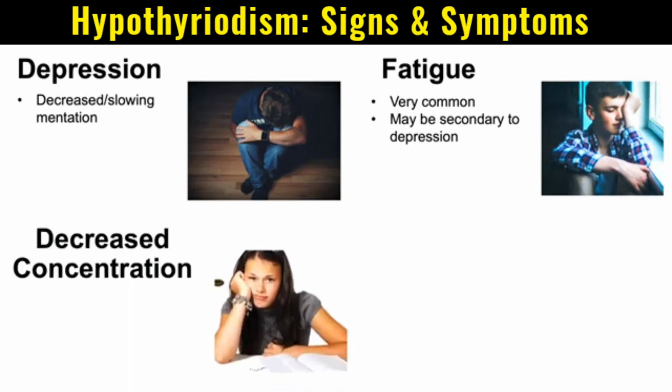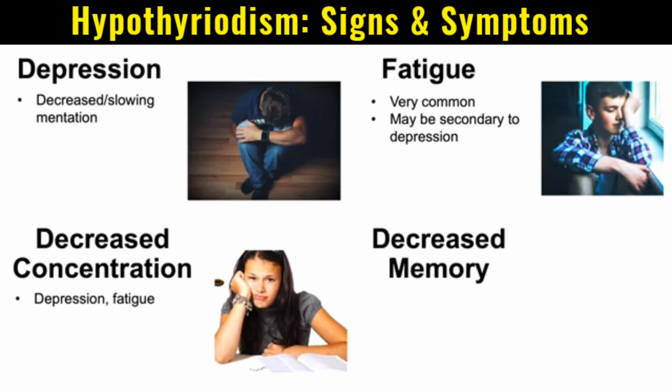So this makes sense if we are saying that thyroid hormones regulate or increase mentation or cognition. If we have low thyroid hormone levels, we're going to have decreased concentration. We're going to have decreased cognition. And it can be due to low thyroid hormone levels, and it can also be due to depression and fatigue, which are also caused by the low thyroid hormone functioning. And then another symptom of hypothyroidism is decreased memory.